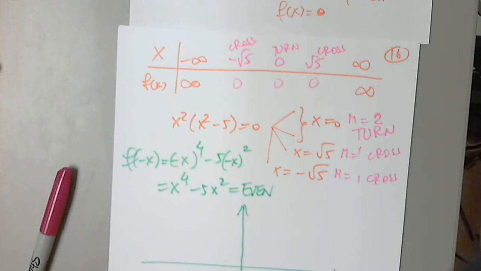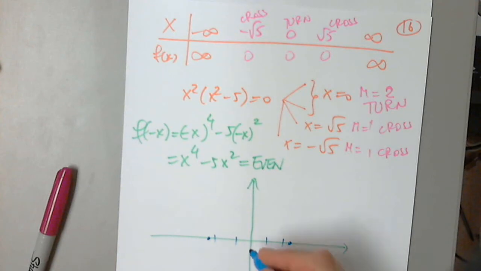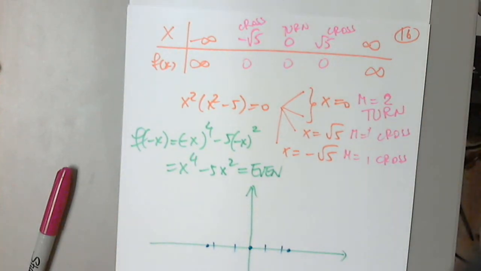So the square root of 5 is a little bit more than 2. So I'm going to say somewhere here, negative and positive. And here's 0, 0. Ready? The graph is coming from positive infinity, crosses normally. It has to turn because it has to come back to 0, 0 where it turns.